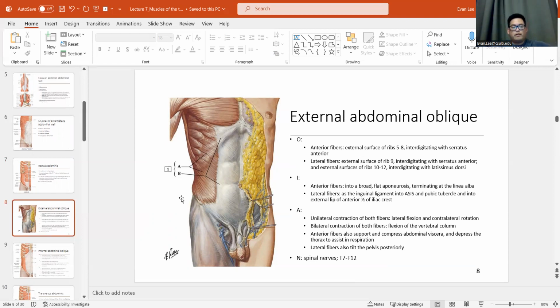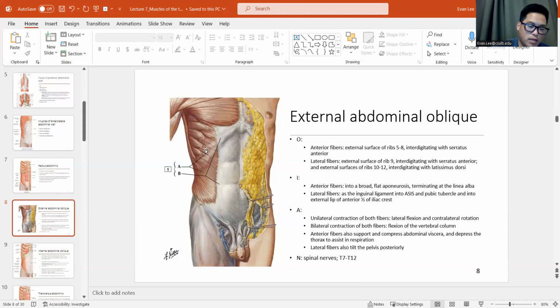So if you look at this picture, you can see that you have the external oblique directly lateral to the rectus abdominis. That is where you're going to see that it is connected, or rather the aponeurosis is connecting, to the external oblique.